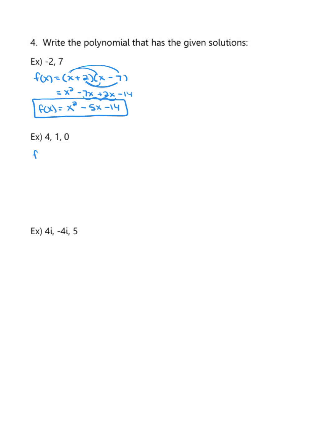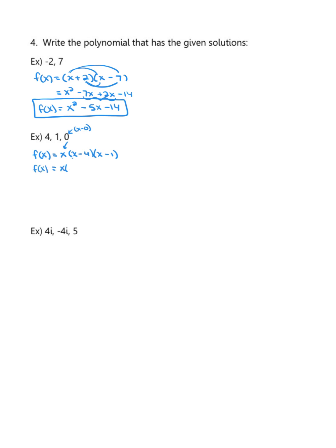So for the next one, if you have a 0, this is going to be like x minus 0. What's x minus 0? It's just x. If one solution was 4, the factor that gave us that was x minus 4. Because if you set x minus 4 equal to 0, then x equals positive 4. And then 1 would be x minus 1. Then multiply it out.